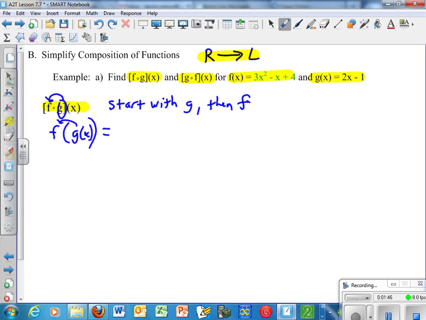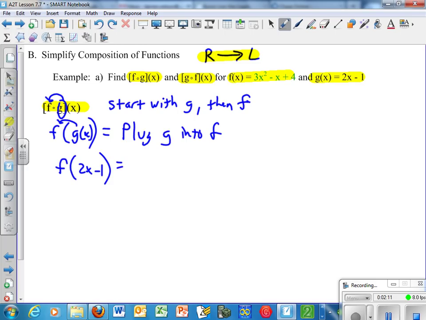So what this means is plug g into f. So f of g of x, where g of x is 2x minus 1.